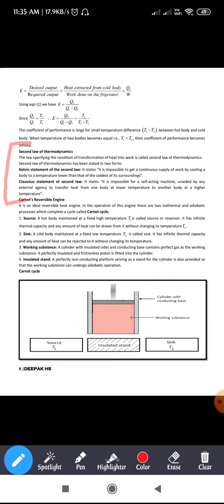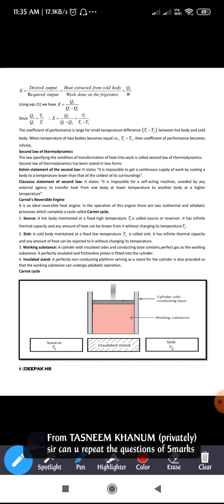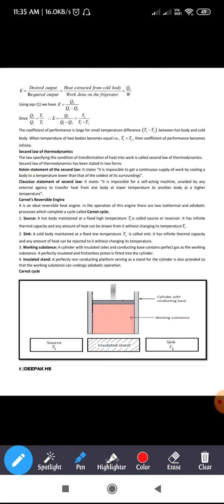Let us go through the Kelvin statement of the second law first. I'll just read out that statement. It states: it is impossible to get a continuous supply of work by cooling a body to a temperature lower than that of the coldest of its surroundings.